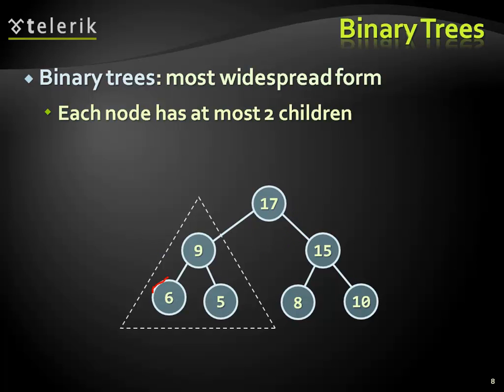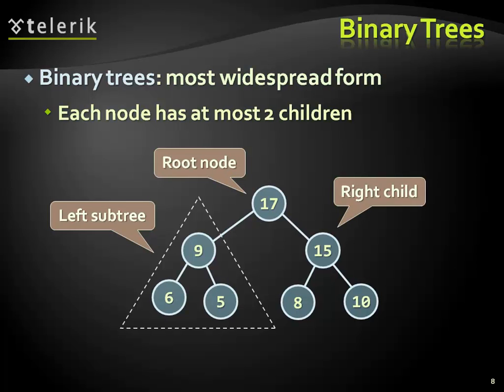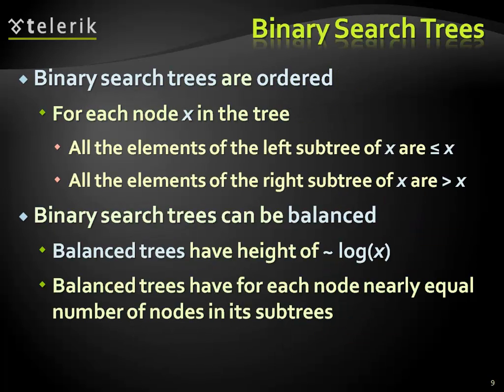So this thing has only two children. And this thing has only two children. And this thing has also only two children. Okay, each node at most two children. That's the root, that's the left subtree, that's its right child, and the root of the right subtree. And that's the right child of the right child. Okay, and that's the left child, whatever.